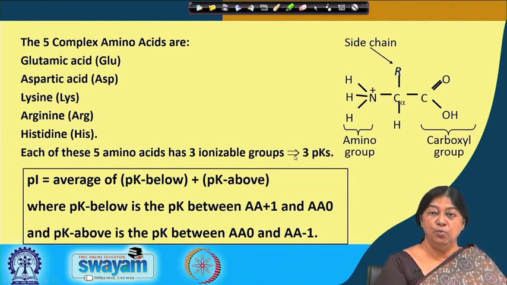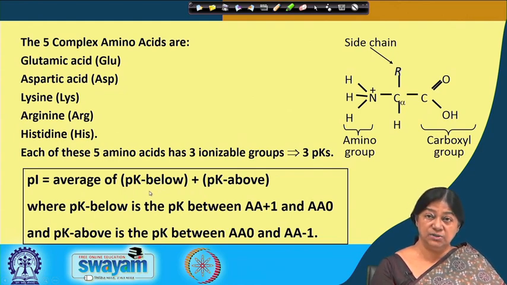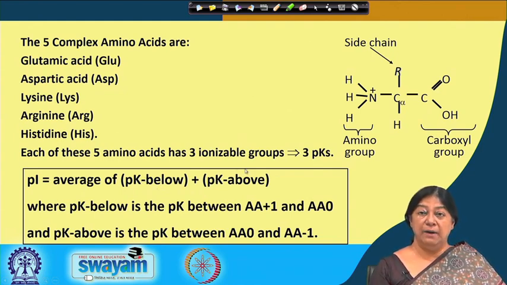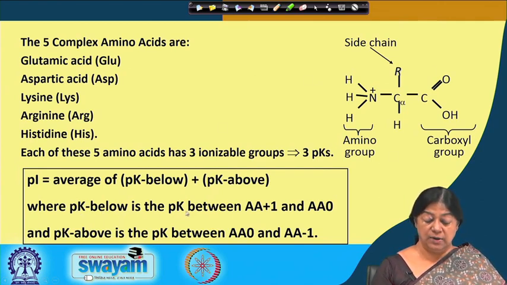What are we looking for? We are looking at how to calculate the pI value of the amino acid. So, we have a pI that is going to be the average of the pK below, that is the -1, and the pK above, that is the +1. So, we are looking at the charge of the amino acid between AA +1 and amino acid 0.